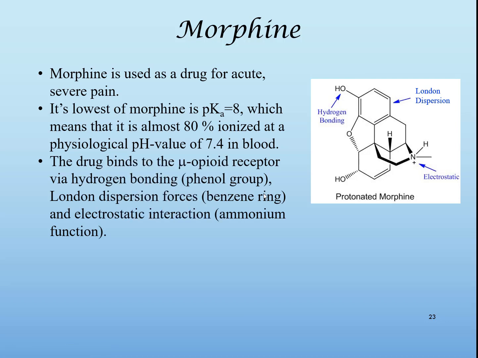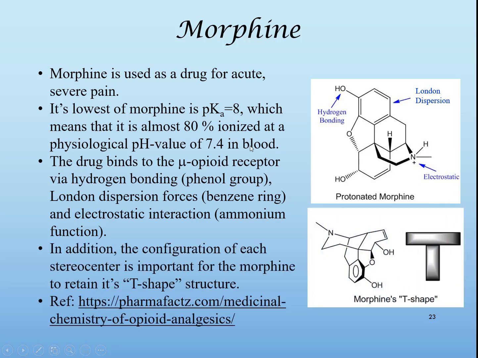The drug binds to the mu opioid receptor in the brain via hydrogen bonds on this phenol group, London dispersion forces, which are utilizing the benzene ring, and electrostatic interactions or ionic type of interaction on the ammonium function here.